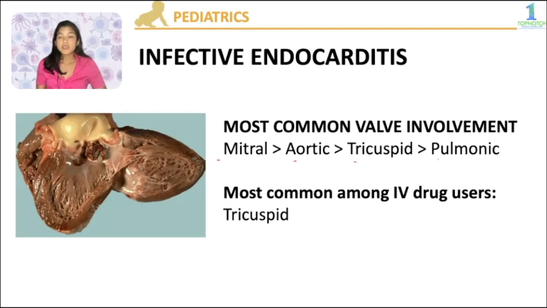However, among IV drug users, you're injecting drugs, probably using a dirty needle. If you inject it in the peripheral circulation, does the venous return go back to the left side of the heart or the right side of the heart? Remember, it goes to the right side of the heart. Therefore, the first valve that will bear the brunt of all that infection is your tricuspid valve. Okay? Next.